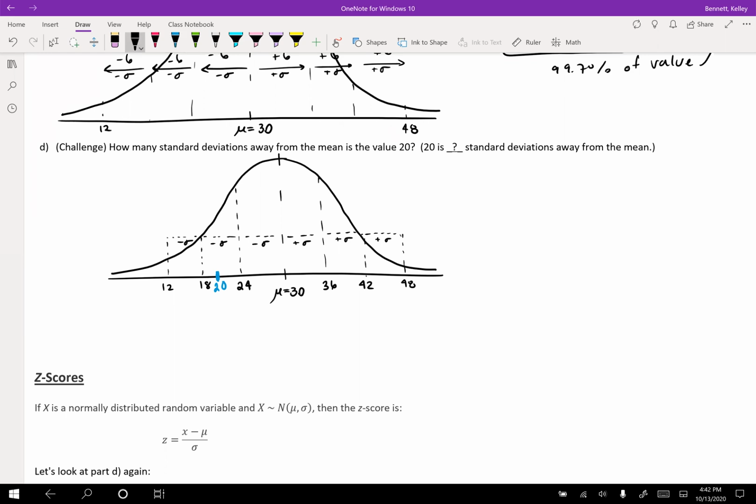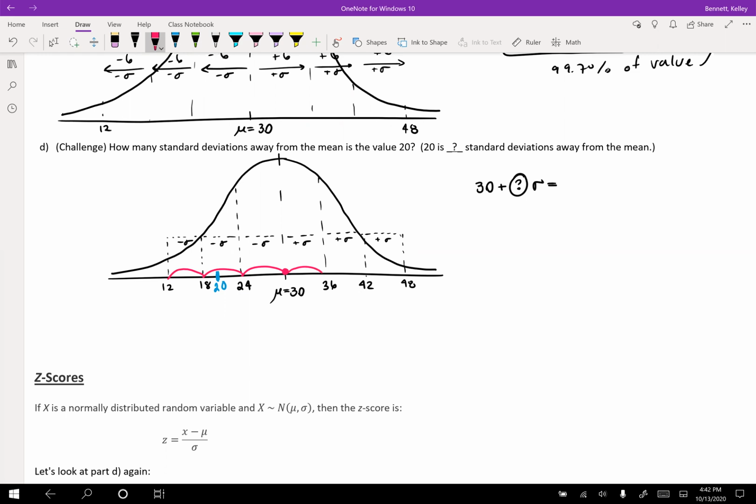Well, let's think about it. If I start at 30 and I add a certain number of standard deviations, right? So this represents starting at 30, and then I'm moving in terms of standard deviations.